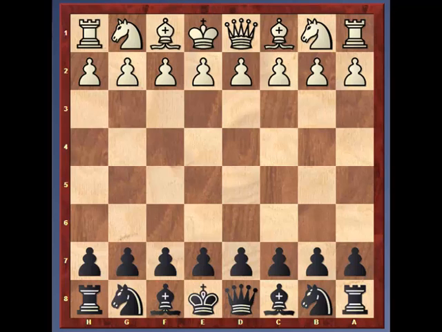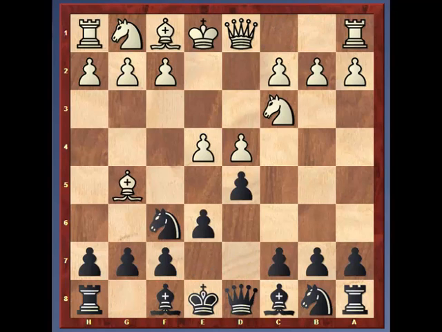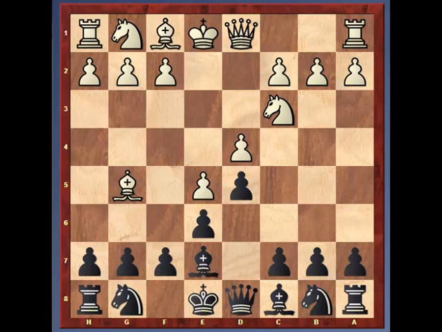This is the Vistenakis-Nimzowitsch variation of the classical. More the Tartakower or the Frankfurt.